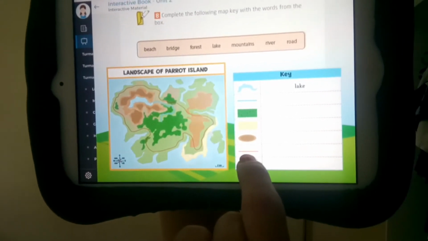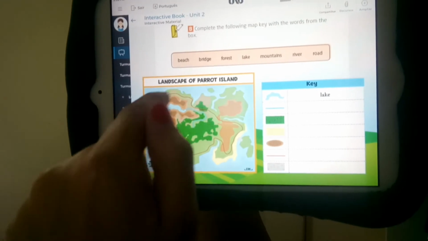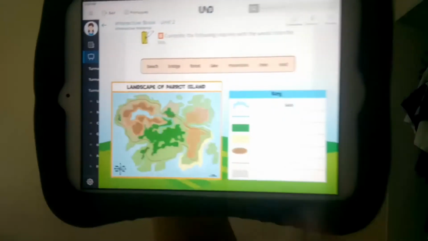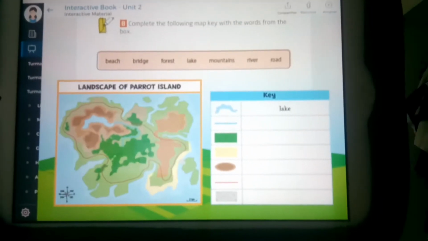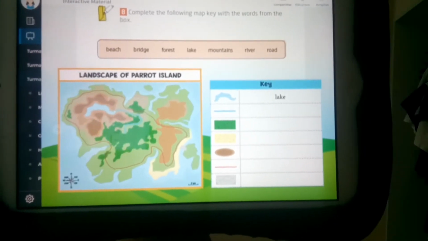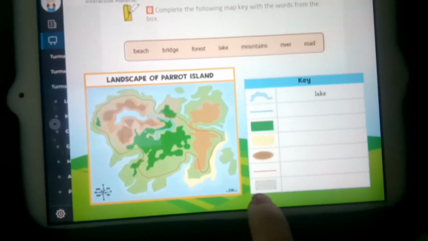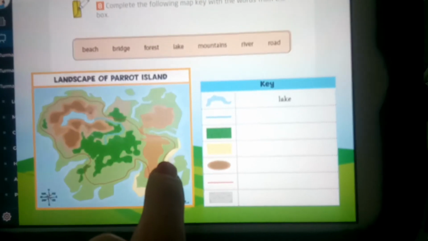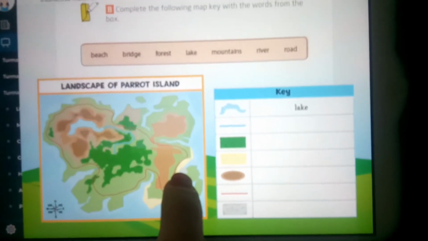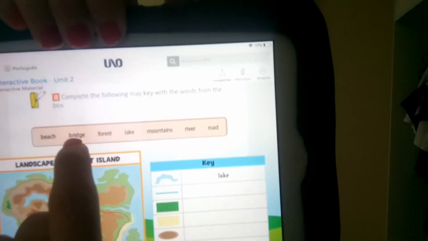And this red line here that is around the island is the road where people can go. And then we have, look, a very small gray part here for people to go over the river. That is the bridge.